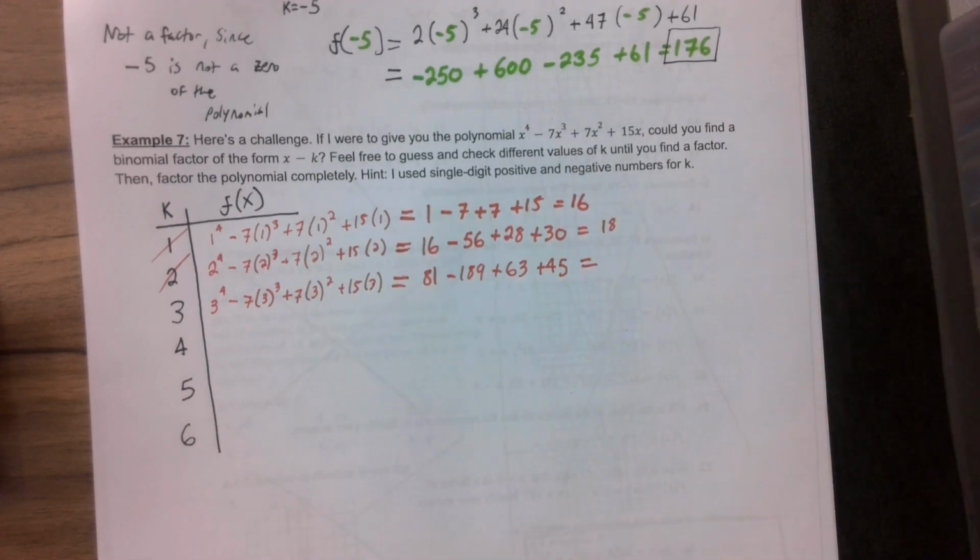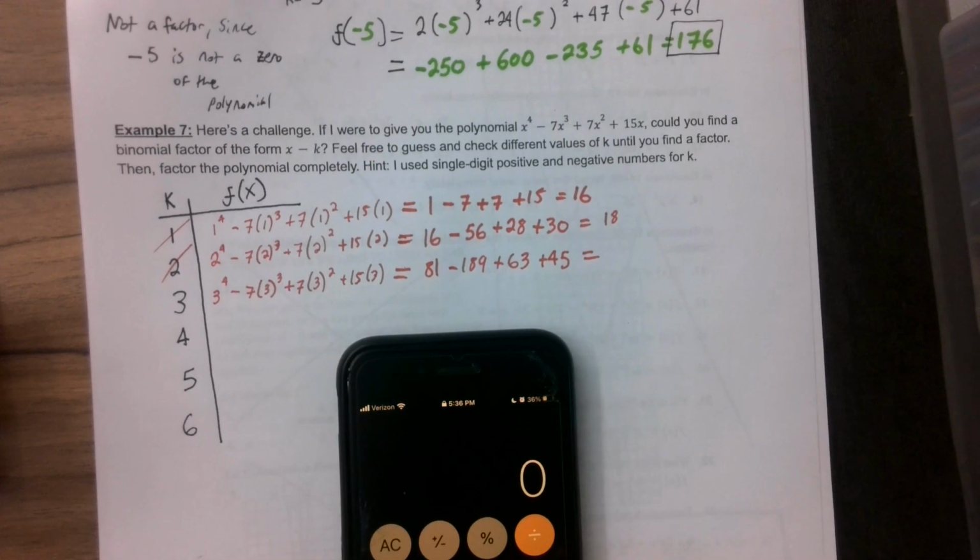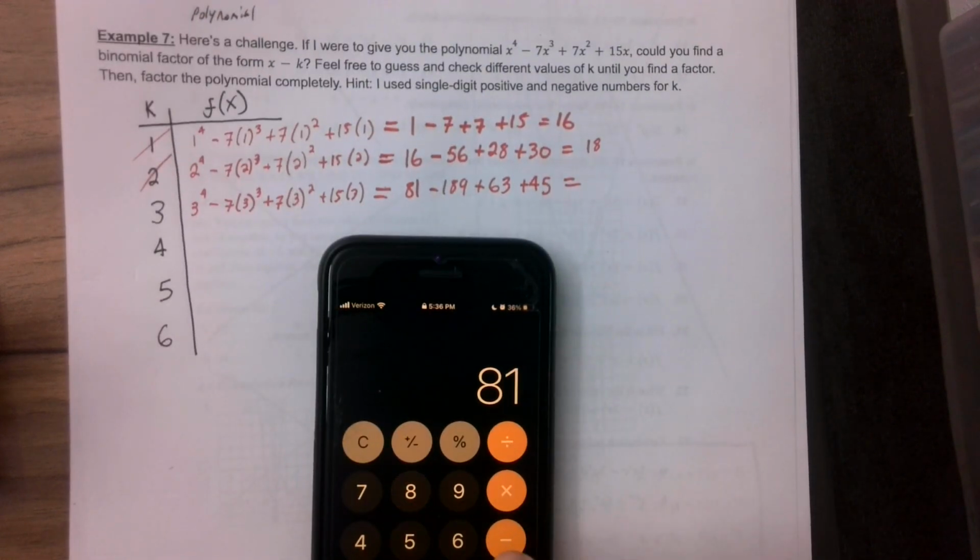I don't know about this one, guys. Let me use the calculator for this one. So if I bust out the calculator, we're going to do 81 minus 189 plus 63 plus 45.